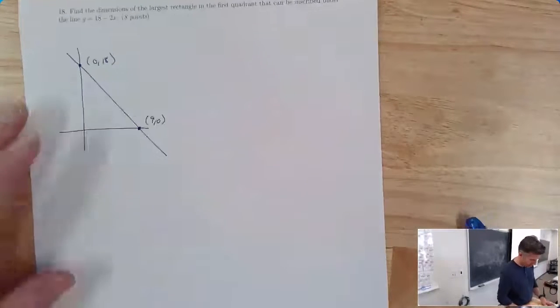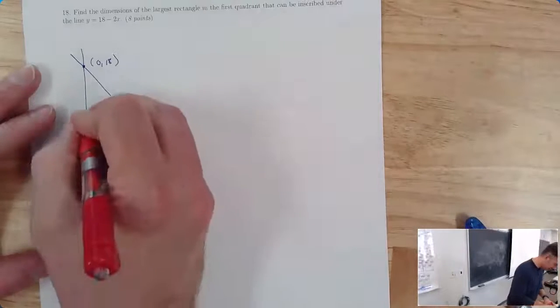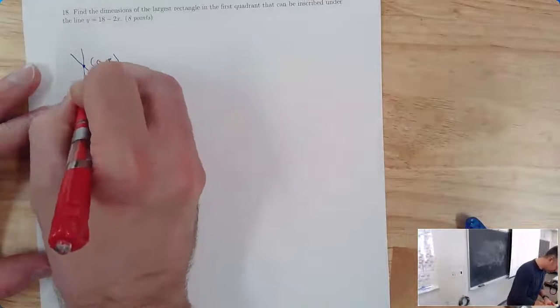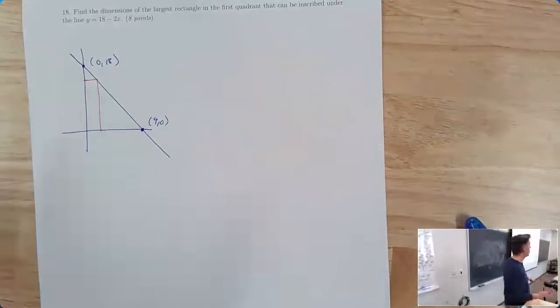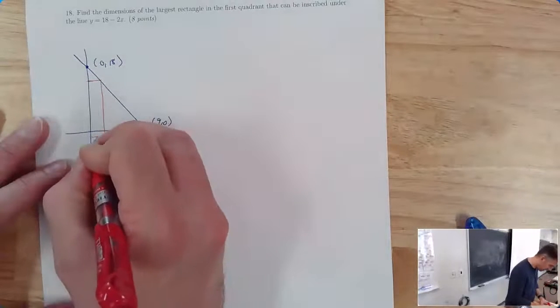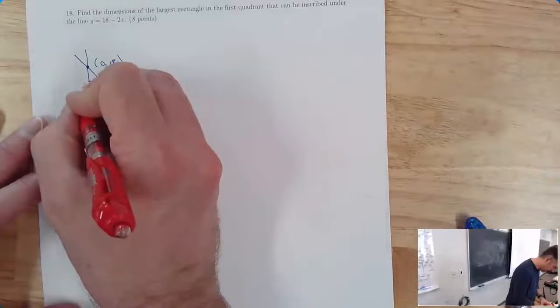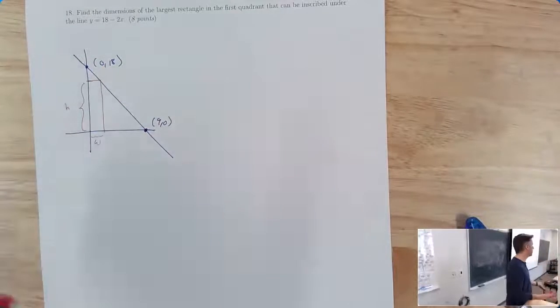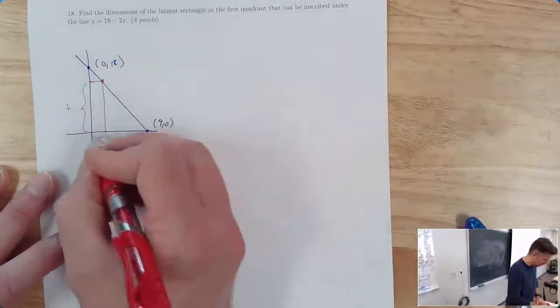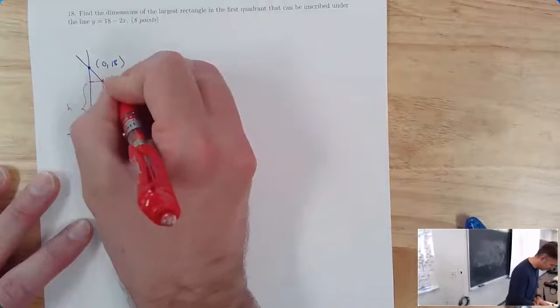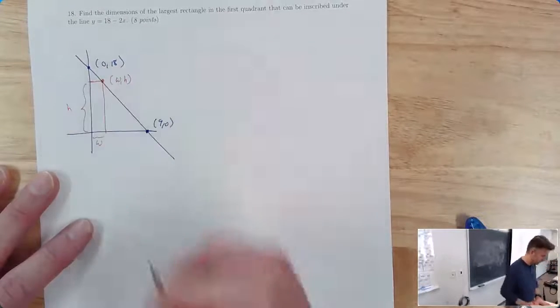So let's draw our rectangle that we're trying to make as big as possible. I'm going to make it not look as big as possible. There's our rectangle. We don't know the dimensions of the rectangle, so I'm going to call this side the width and this side the height, or x and y, or whatever is used. And I know that this coordinate here, which is over w and up h, lives on that line.